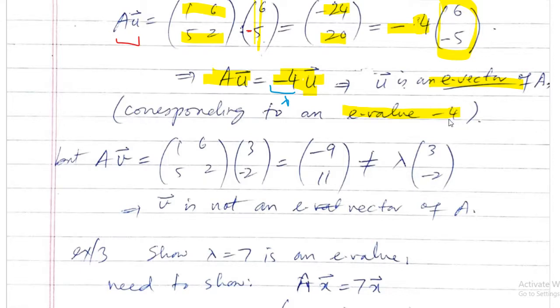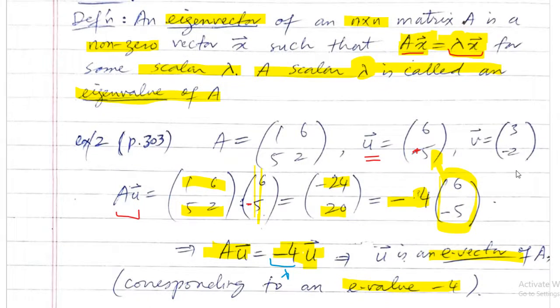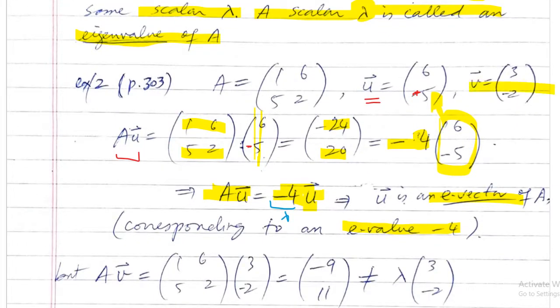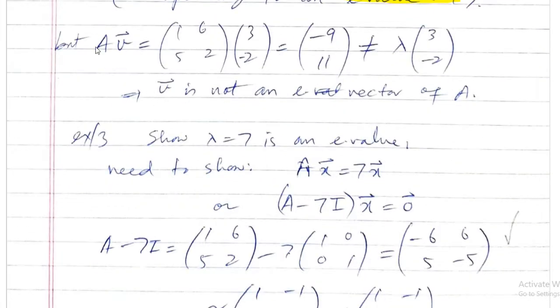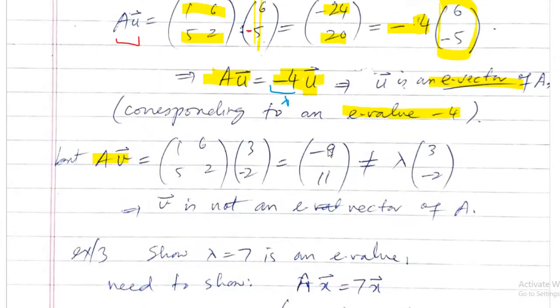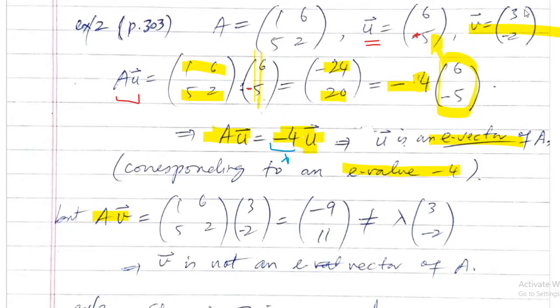So let's do the same thing with v. v is [3; -2]. If I multiply A with v, then Av gives me minus 9 and 11, and minus 9 and 11 cannot be written as a multiple of [3; -2]. I cannot bring my [3; -2] back.